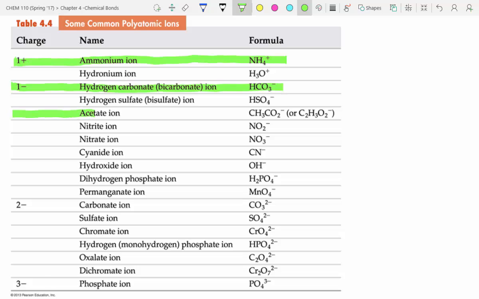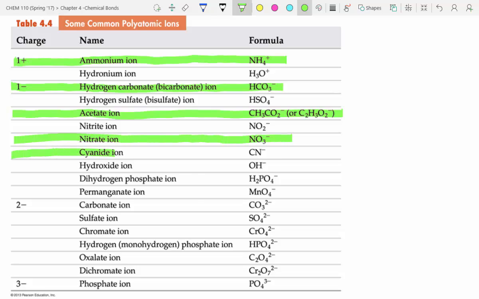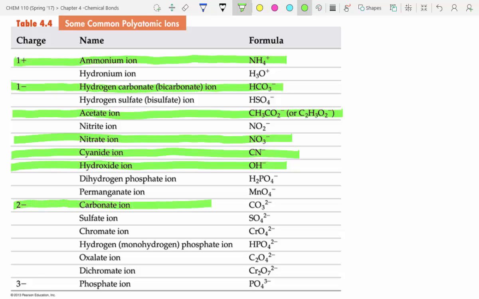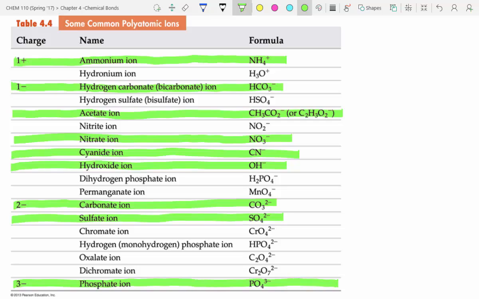I want you to memorize acetate, nitrate, cyanide, hydroxide. We'll skip a few. We'll go to carbonate, sulfate, and then last but not least, phosphate.